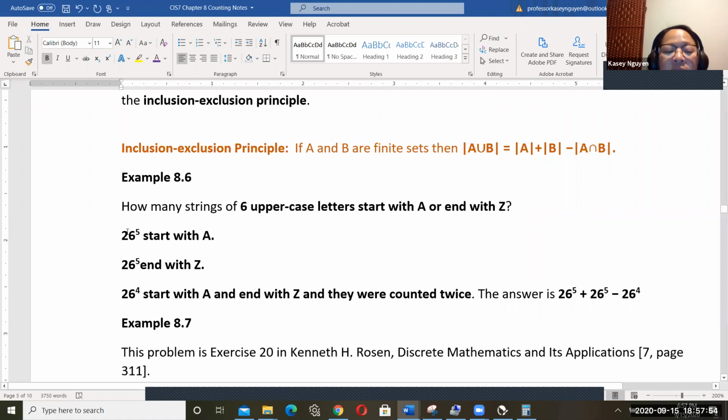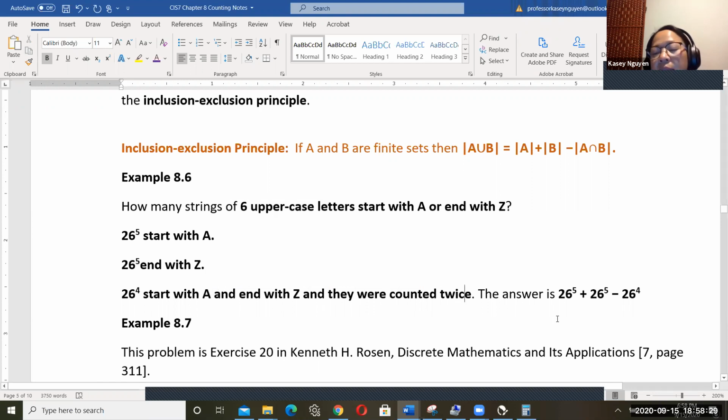So if we say, okay, what if we wanted to start with A and end with Z, then we would have 26 to the 4th power. Notice that the exponent is 2 less than what is asked here because you don't include A or Z as part of that exponent. But then those would be counted twice.